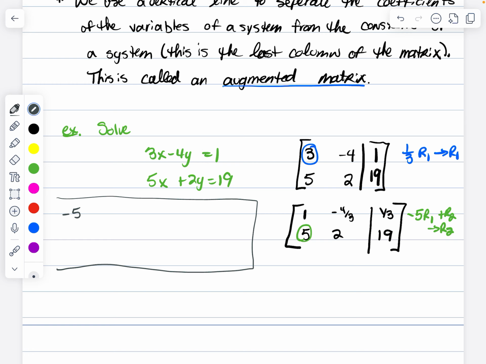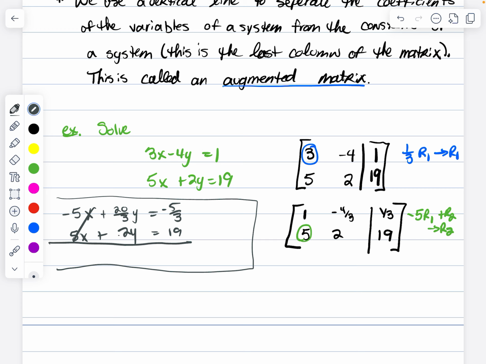-4/3 times -5 becomes, I believe, positive 20 over 3. If I'm just writing them as equations, 1 over 3 times negative 5 becomes negative 5 over 3. Then we have 5x plus 2y equals 19, but remember, we're adding for the sake of eliminating the x term. 2 can be written as 6 over 3, because in order to add fractions, they have to have the same denominator.